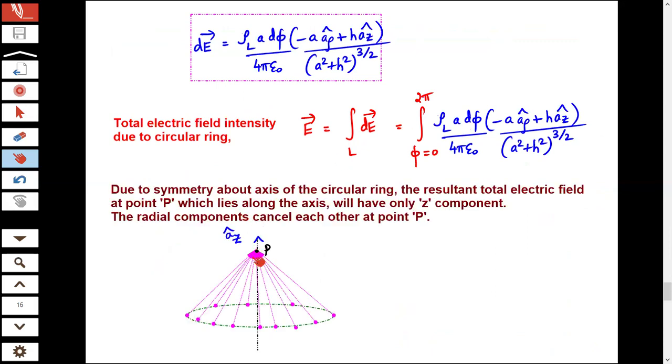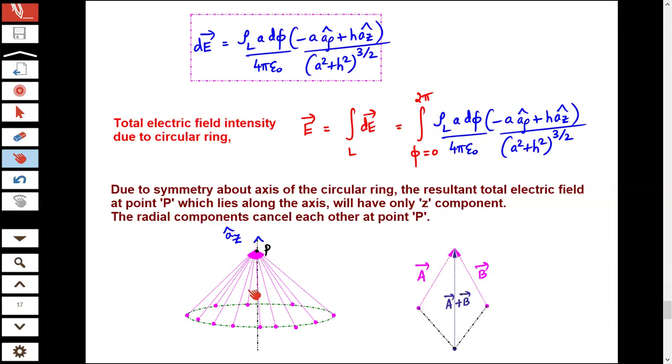That is, when we consider the observation point P along the axis of the circular ring, the contribution of the smallest electric field intensity vectors everywhere throughout the circular ring will have resultant only in z direction. That is, for every dL component on the circular ring, there will be exactly a diametrically opposite element cancelling the radial components, resulting in only the z direction component of the total electric field intensity vector.